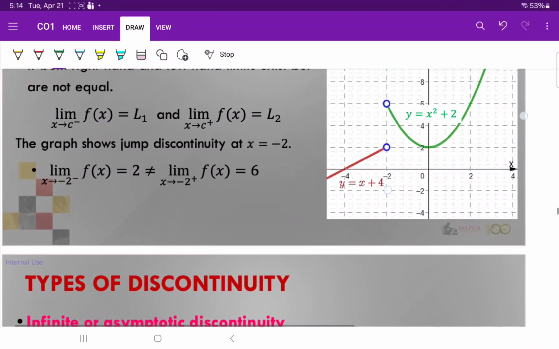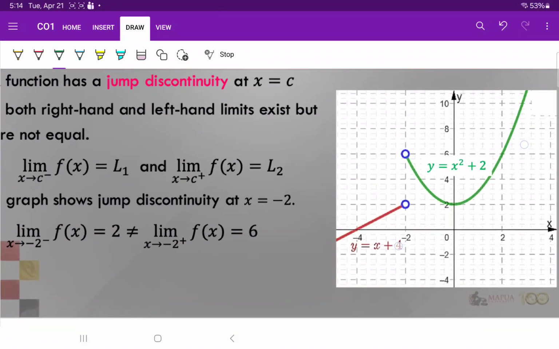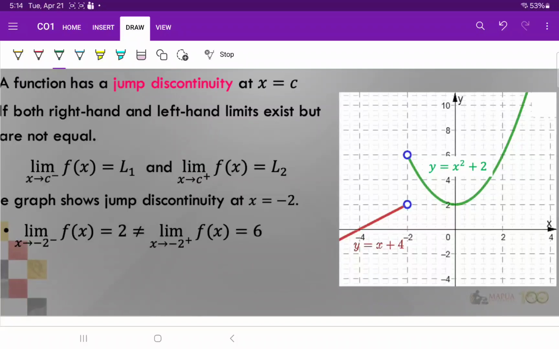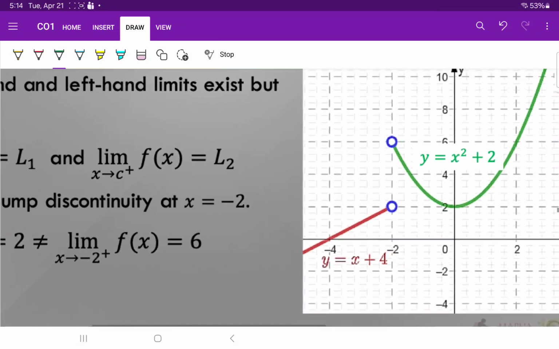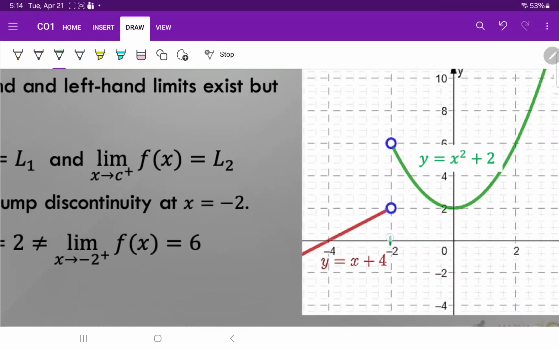Again, if we find the limit of the function as x approaches negative 2 coming from the right of negative 2, what is your limit? It's this one here, equal to 6. Coming from the left of negative 2, that's equal to positive 2.